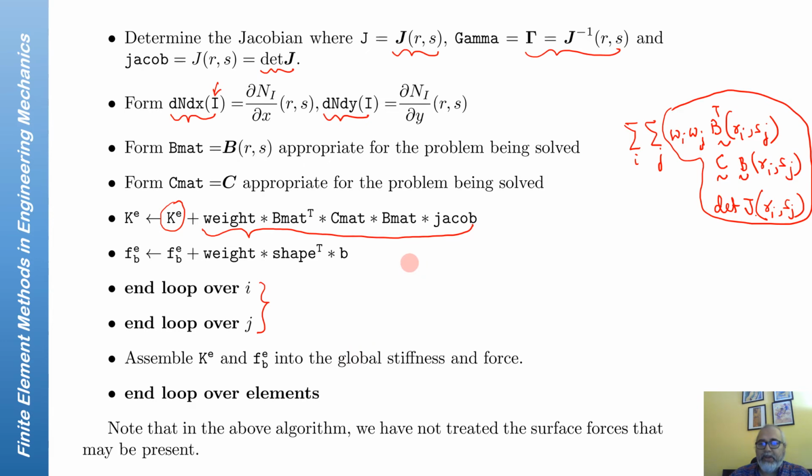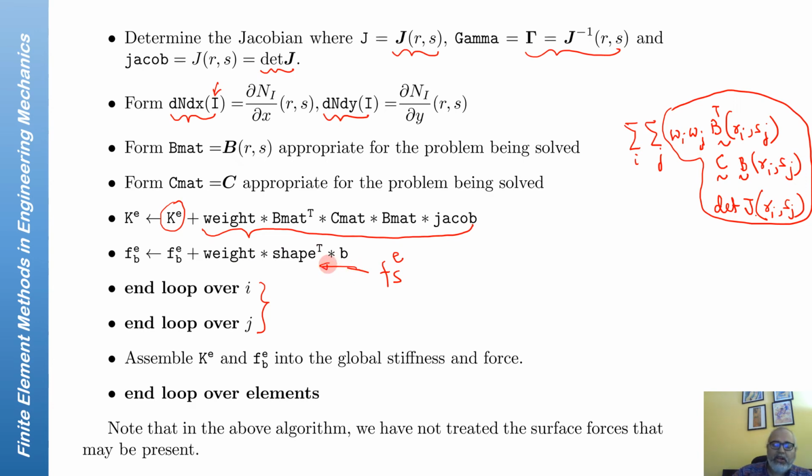In this, you may also have FSE, which is the surface force contribution in case the element shares a surface with a surface of the body which has tractions applied on it. That has not been treated in this algorithm, but if it is there, then you will have to plug it in as well.